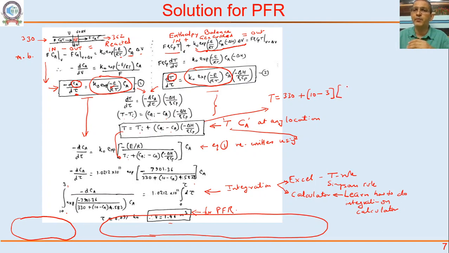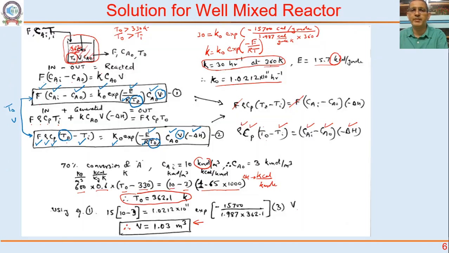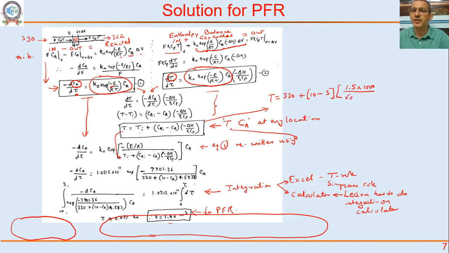Delta H is 1.5 kilocalories per gram mole, so 1.5 into 1000 divided by rho. Rho was 600, and 0.6 was Cp. Look at this. This will be 1500. 1500 divided by 600 will be 2.5, divided by 0.6.